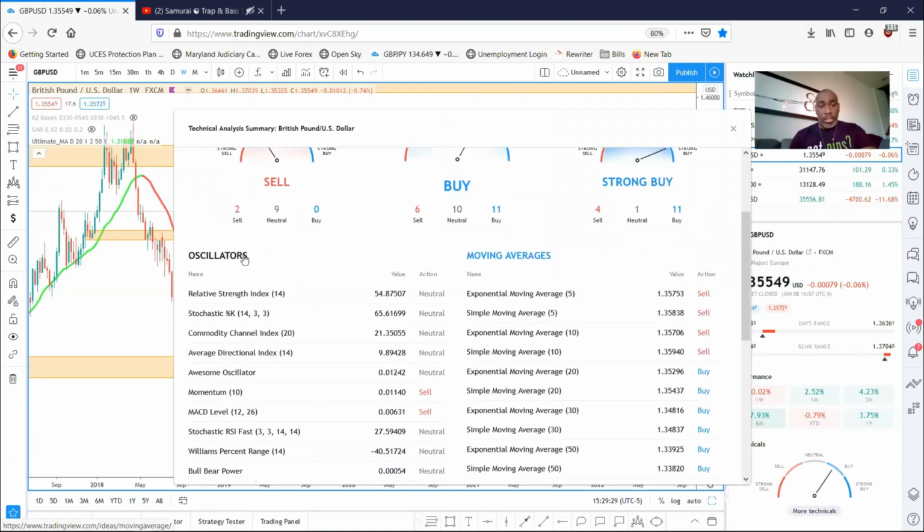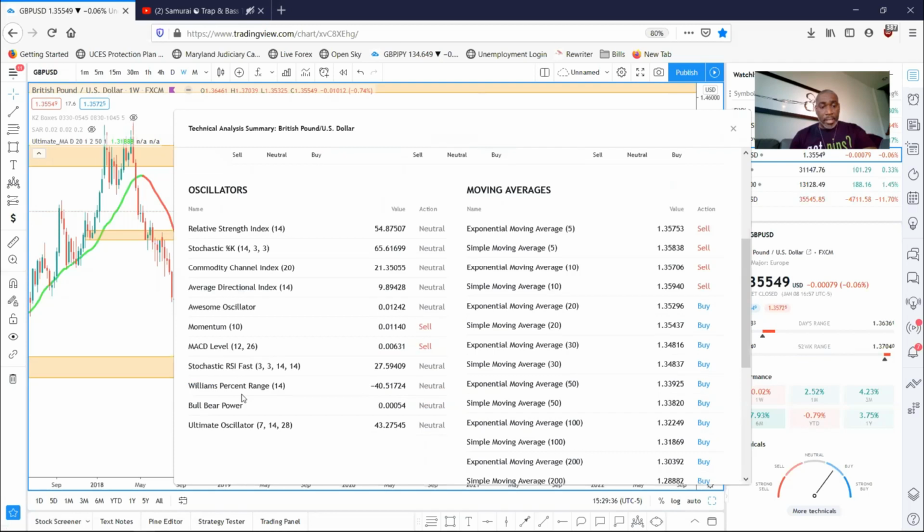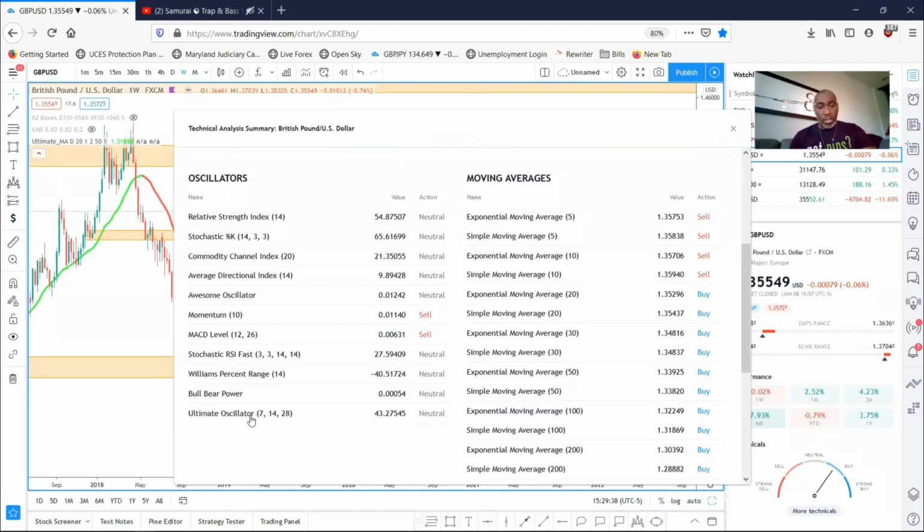It gives you all the oscillators, such as your relative strength index, your ADX, your momentum, your MACD, so on and so forth. It gives you all of your different indicators that can be used to pretty much dictate exactly which direction the market is going to be moving in.